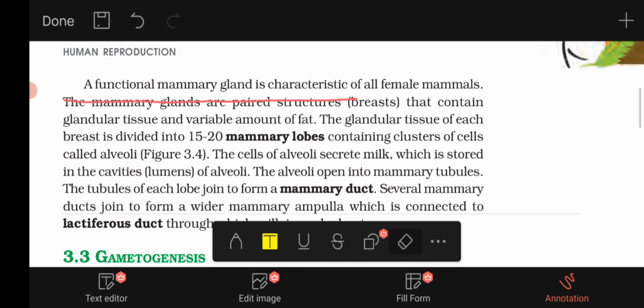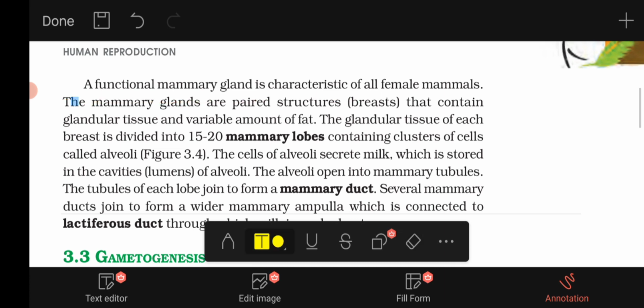Mammary glands are paired structures, breasts, that contain glandular tissue and a variable amount of fat. Okay, it has both glandular tissue and variable amount of fat. The glandular tissue of each breast is divided into 15 to 20 mammary lobes, each containing milk producing cells called alveoli.